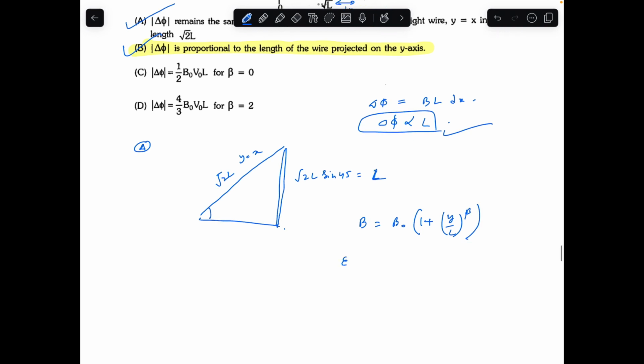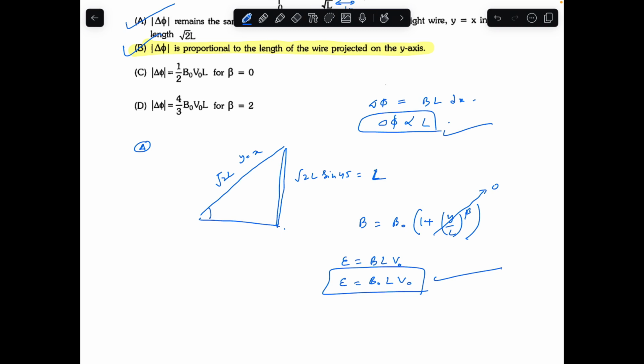So induced EMF will be what? B L V naught. If beta is equal to 0, this becomes 0, so B becomes B naught. So induced EMF is B naught L V naught.